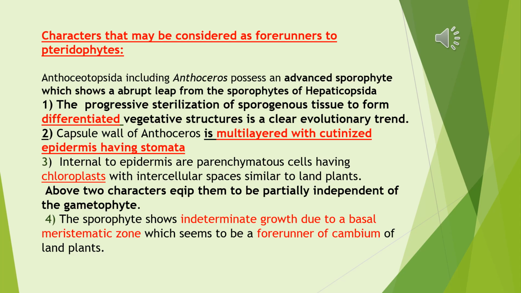Anthocerotopsida, the group including Anthoceros, possess an advanced sporophyte, which shows an abrupt leap from the sporophytes of Hepaticopsida. Now, what is the advancement? Number 1: the progressive sterilization of sporogenous tissue, which we have seen already happening in Hepaticopsida, but here it is still more advanced.